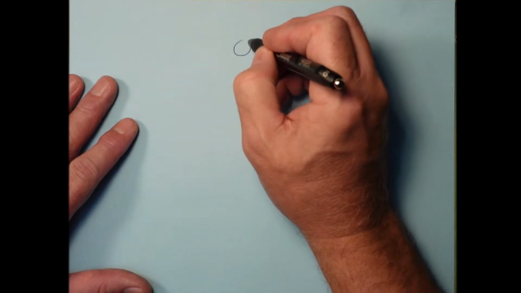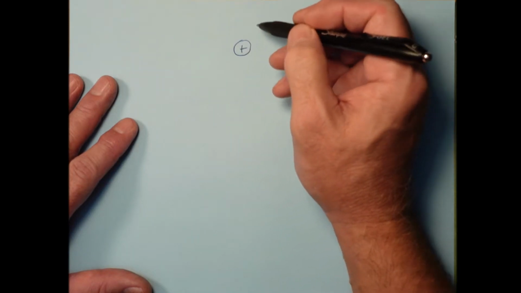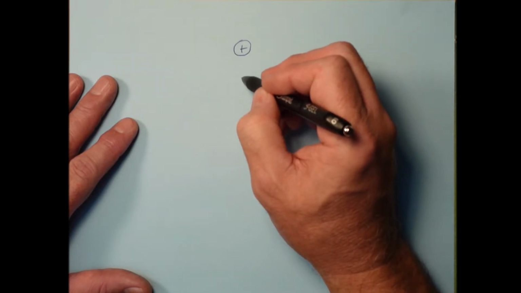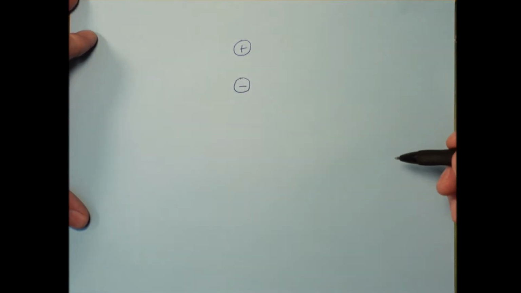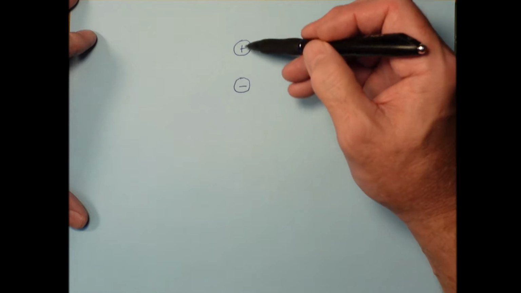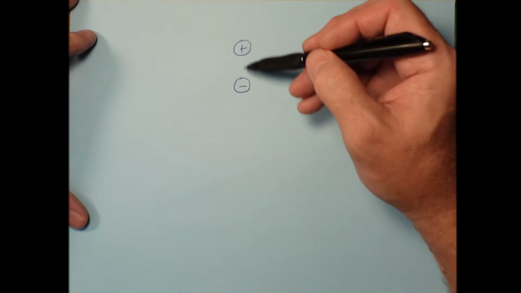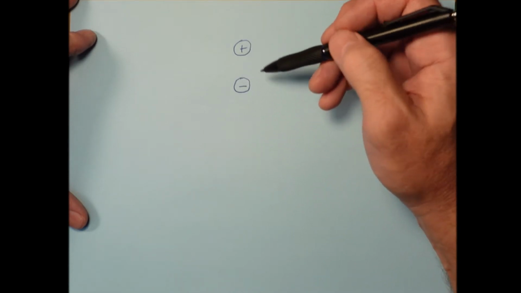Well, you can have electric fields in other sorts of charge configurations. Let's say that we take a positive charge, something like a proton, some small positive charge, and we put a small negative charge right next to it. Now, these would be really close to each other, on the order of nanometers, let's say.